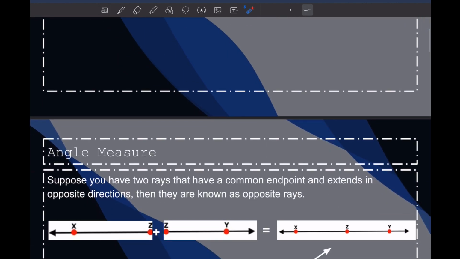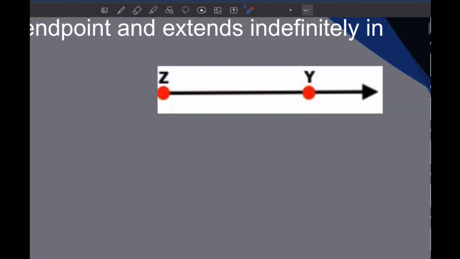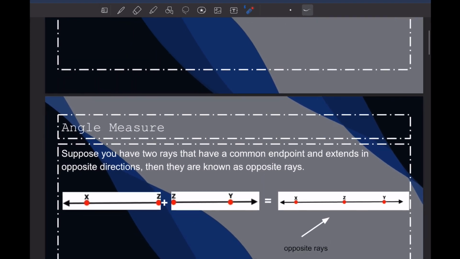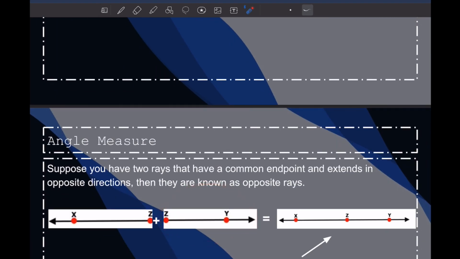So moving on to the next slide, let's say that you have this particular figure over here, and using that same endpoint Z, and then moving to the other direction, to the left side here, right?